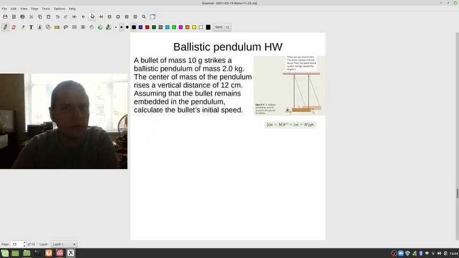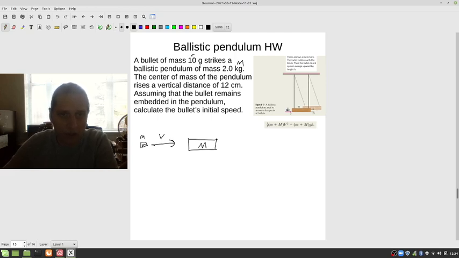So just to go through this problem explicitly, here's the example that I've given you as a homework. You've got a little mass m, and it starts out at some speed v that we don't know. And it barrels into our big mass M, which is 2 kilograms.